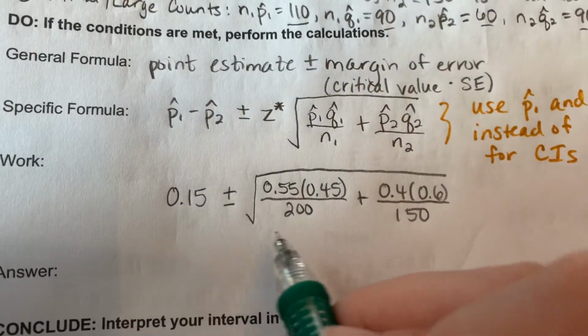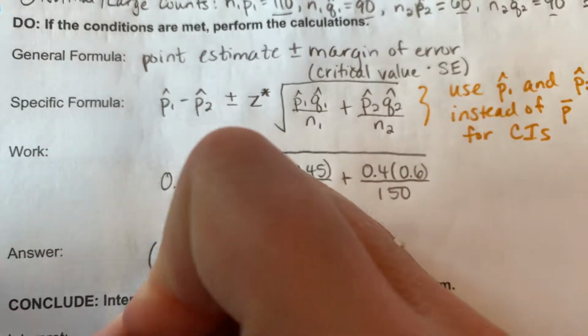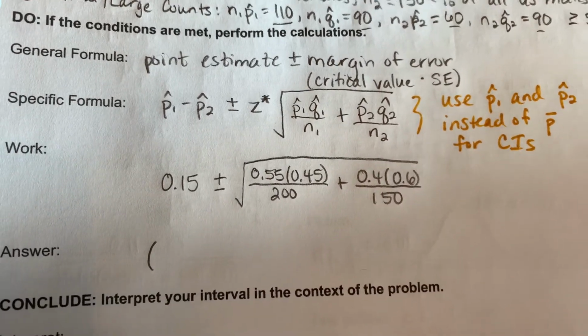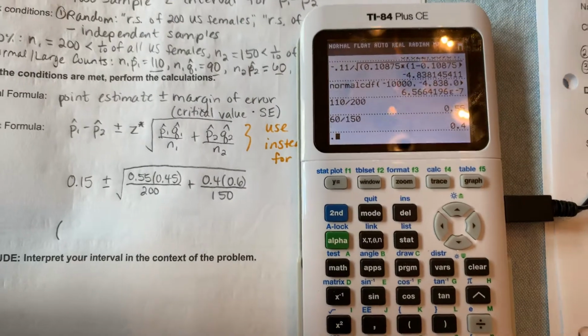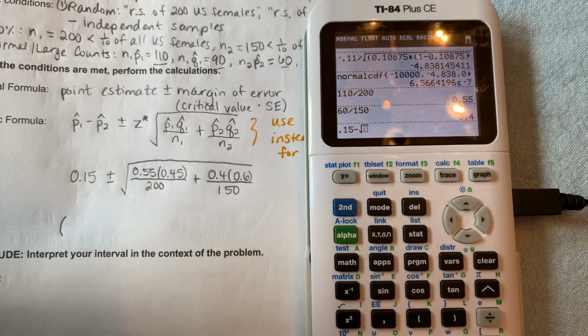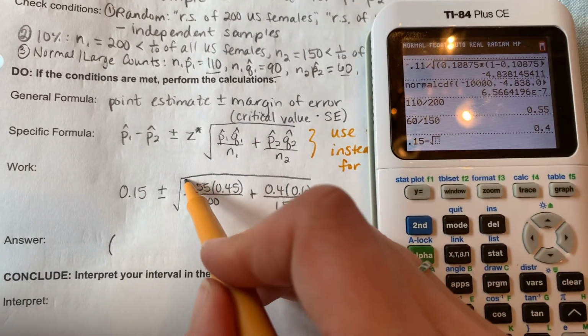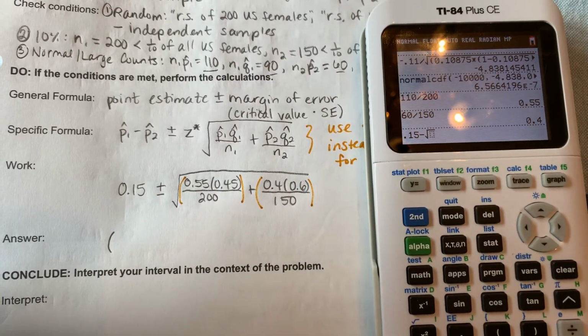Okay, so I'm going to work that out all in one calculator command. Remember, I'm going to do my lower bound first, so I will subtract first. So I have 0.15 minus the square root. I'm going to put parentheses around this part to make sure that those two are separated from each other.